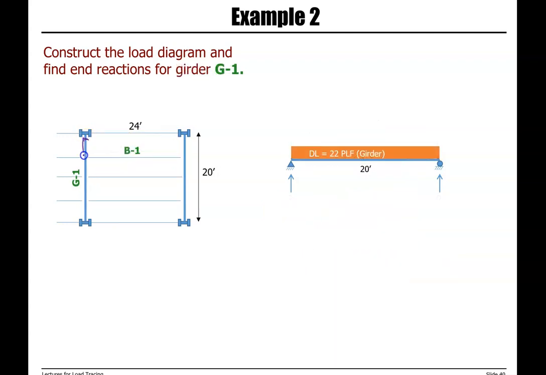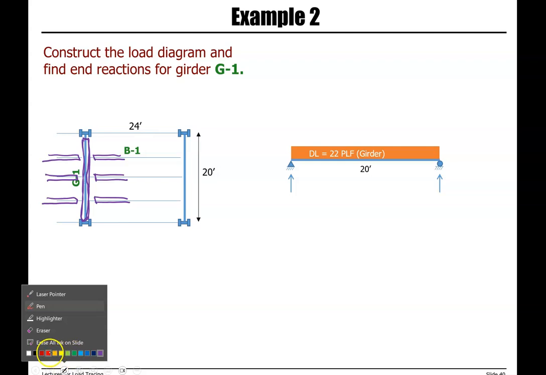So we are looking at girder G1 here. And you can see that beams B1, B2, and B3 are connected on one side, and we have another set of beams connected to the girder on the other side.